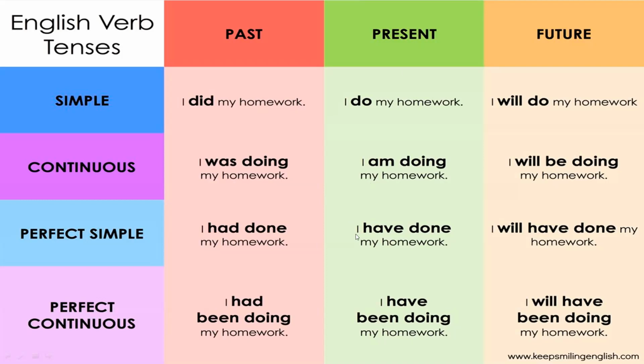And because I, this is the subject, we have to put have. I have done my homework. I, the subject, have the present form of verb to have for the subject I, and done V3, my homework, the object.